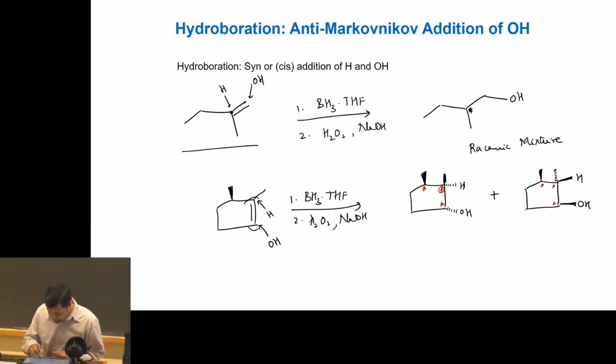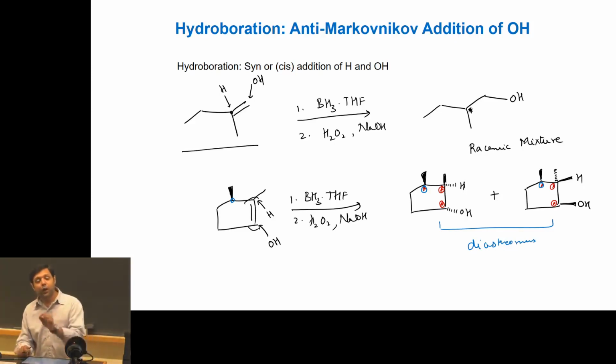At this chiral center and this chiral center, both the compounds have opposite configuration, but they have the same configuration at this chiral center, because that center is not participating in the reaction. It is there as it is from the beginning in the reactant, right? So these two products are diastereomers, because at least one carbon they have the same configuration. All right.